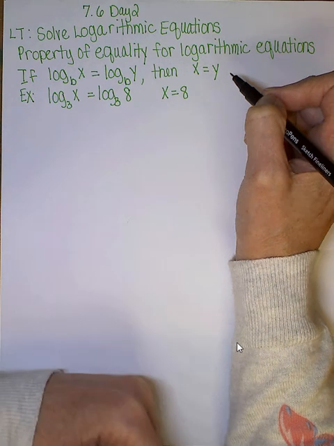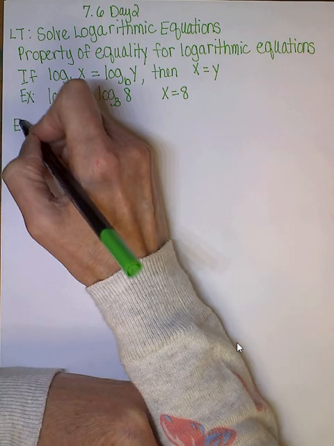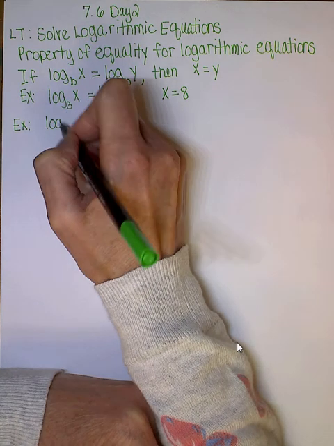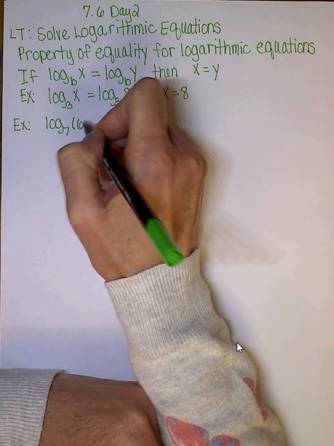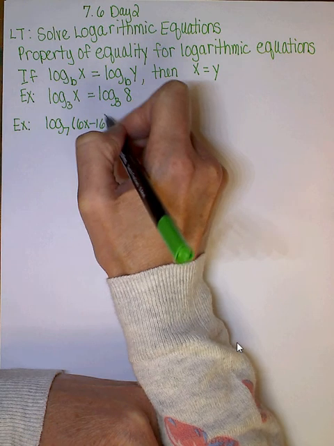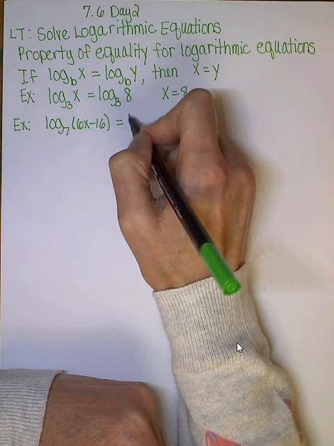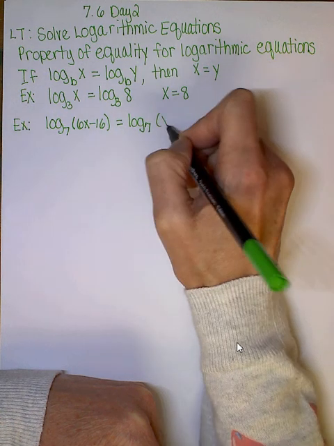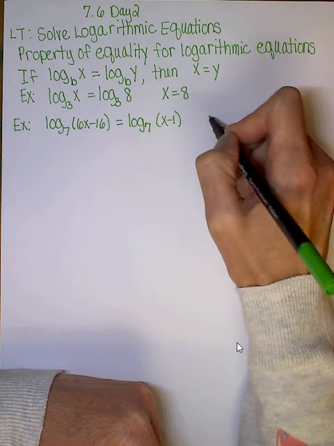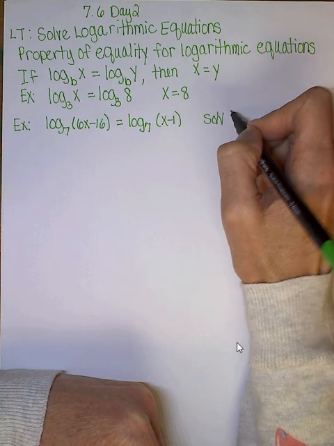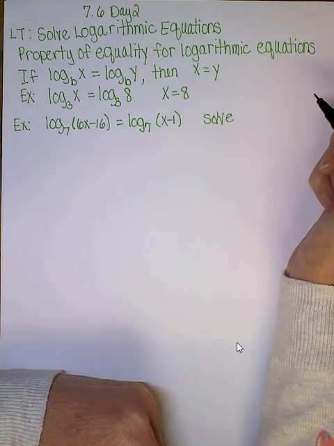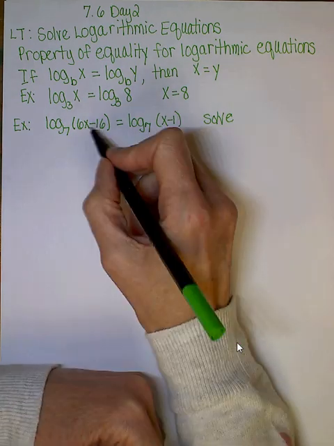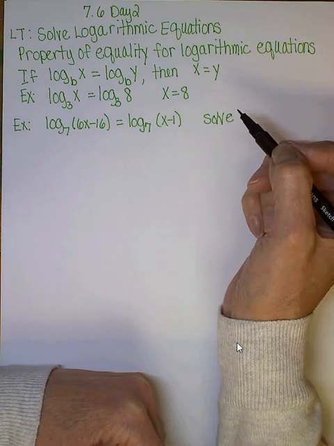Okay, so let's look at a little bit harder example. Log base 7 of 6x minus 16 on one side of the equal sign, and again, we're trying to solve for x. And the directions will say solve. Alright, now both of them have log base 7, so the two arguments have to equal each other.